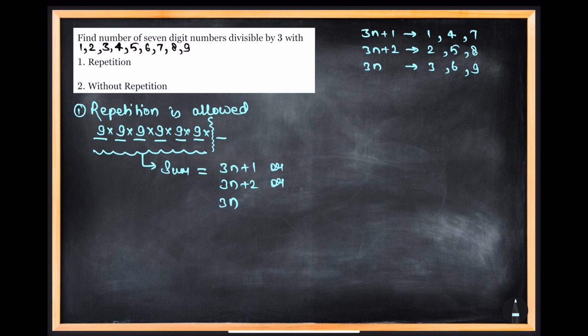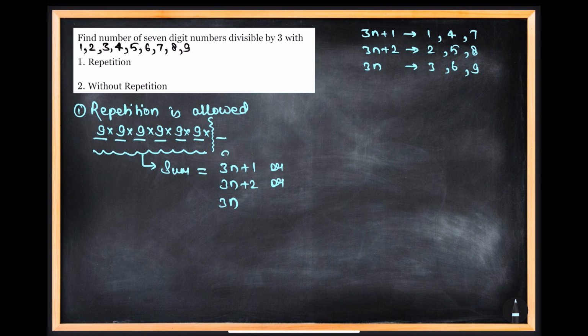So if you take any combination of these first 6 digits, you will fall under this condition: the sum would be of 3n plus 1 type, 3n plus 2 type, or only 3n type.